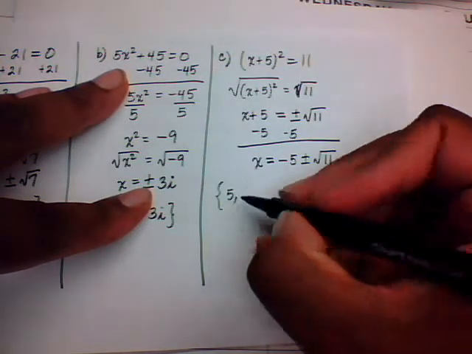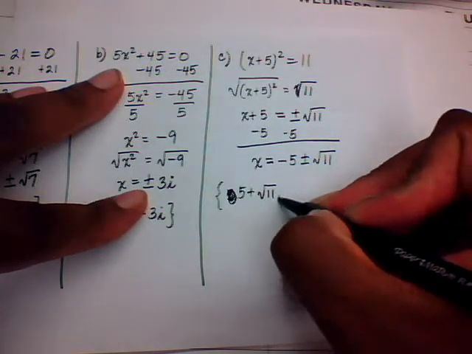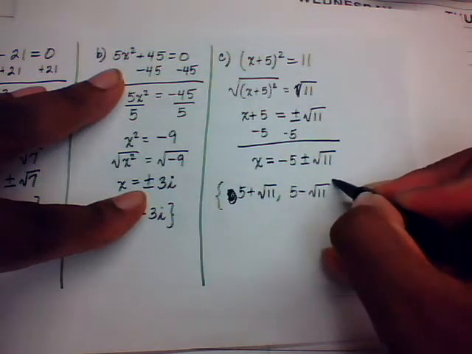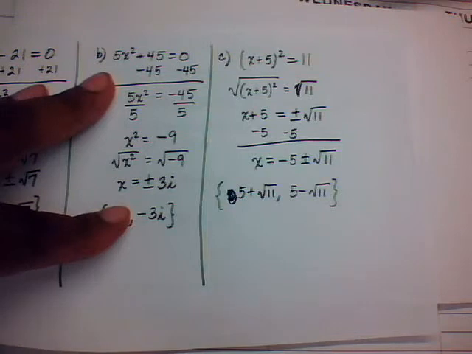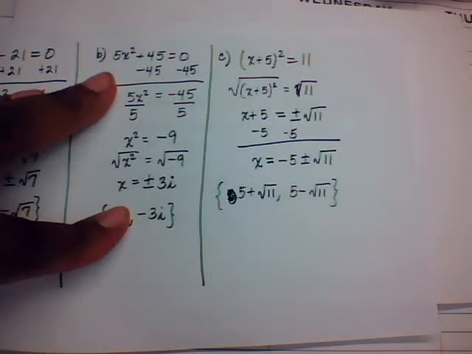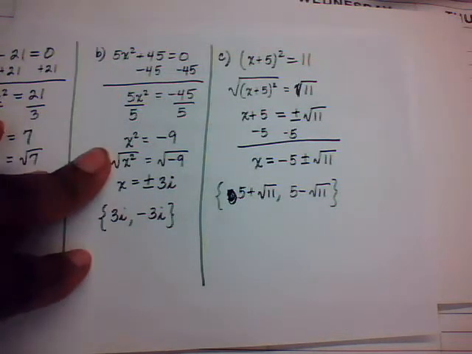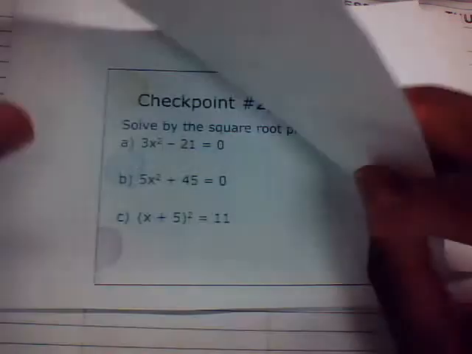You have negative 5 plus the square root of 11, and the other answer is negative 5 minus the square root of 11. Okay. So this is how you will solve quadratic equations by using what they call the square root property.